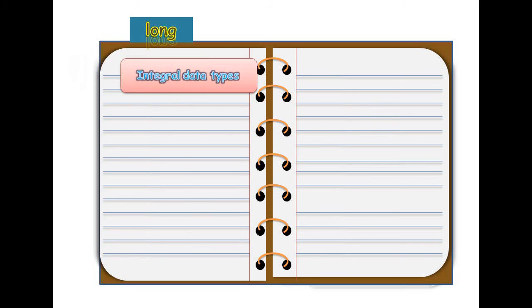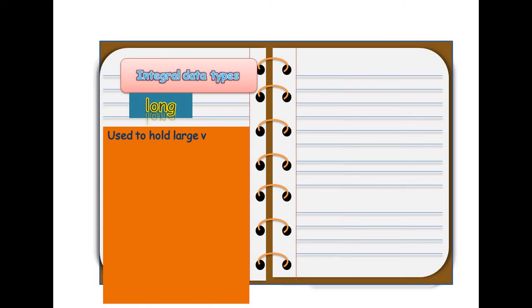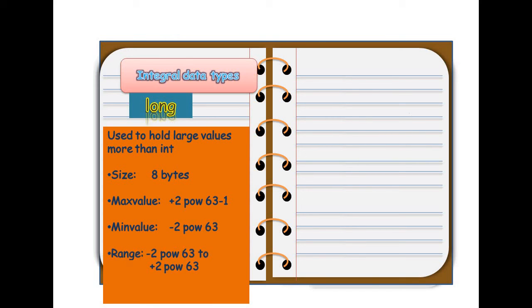The next one is the long data type. It is used to hold larger values than int. If the size is more than 4 bytes, it is better to use the long data type to avoid errors. The size of the data type is 8 bytes, the maximum value is 2 power 63 minus 1, and the minimum value is minus 2 power 63.